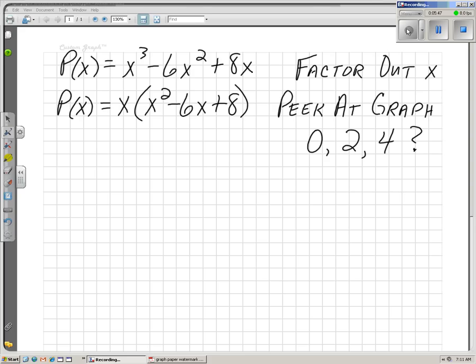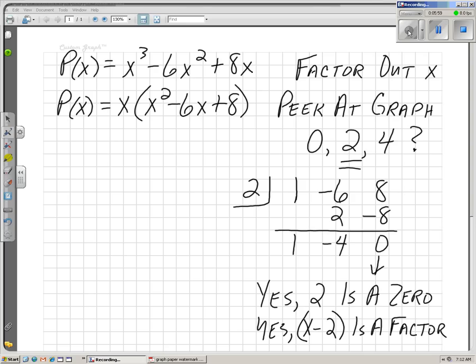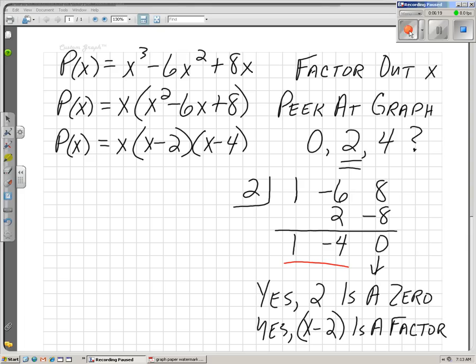So I'm going to test those guys. I'm going to test 2. So I pull the 1 and negative 6 and 8 from my polynomial and divide by 2. And I learned it has a 0 remainder, so that means yes, 2 is a zero. That's an x-intercept. It also means that x minus 2 is a factor. So far I have the x that was in front times the x minus 2, which I just found, times what's left over there, x minus 4.